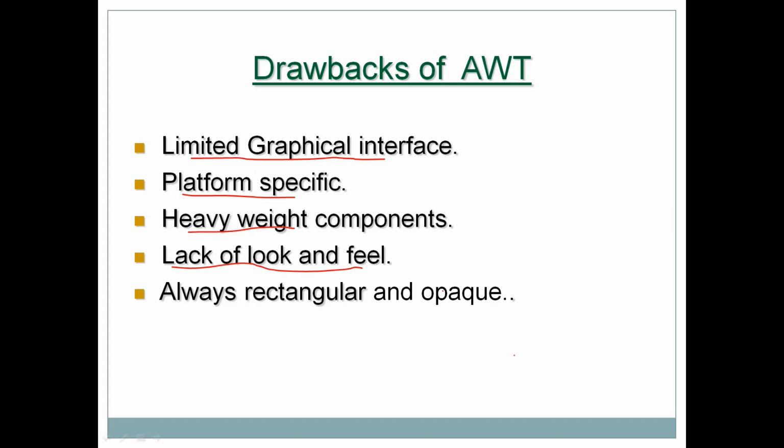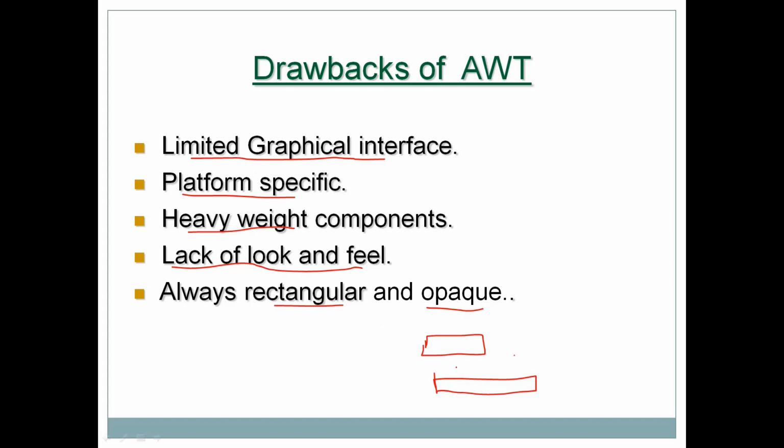Next, the components in AWT are always rectangular and opaque. The shape of all the components available in AWT, for example, a button which may look like this, or a text field, which again looks like this, all the components are rectangular in shape.